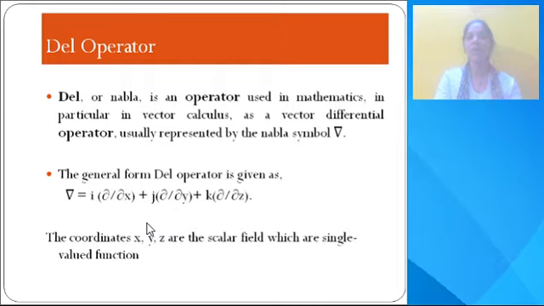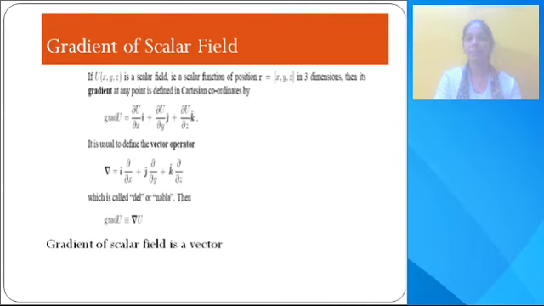So of course del gives a result similar to when we differentiate any quantity, and i, j, k are the unit vectors, so of course it is a vector quantity. That's why its name is vector differential operator. The coordinates x, y, z are the scalar field, which are single valued functions.